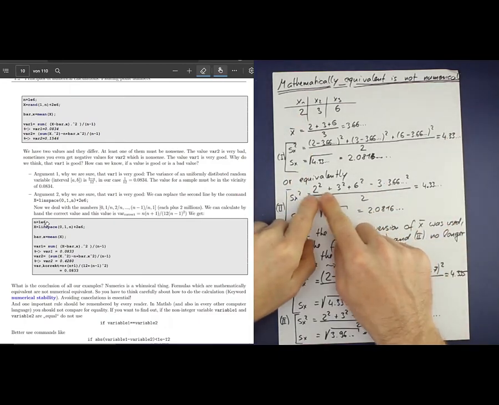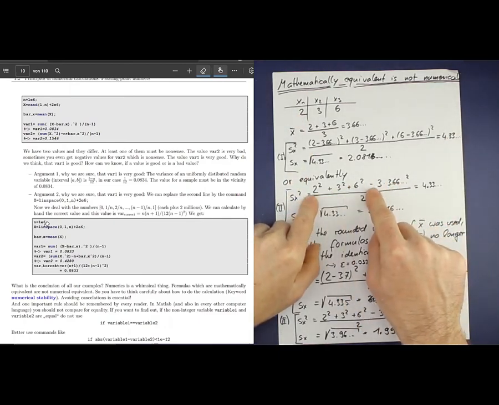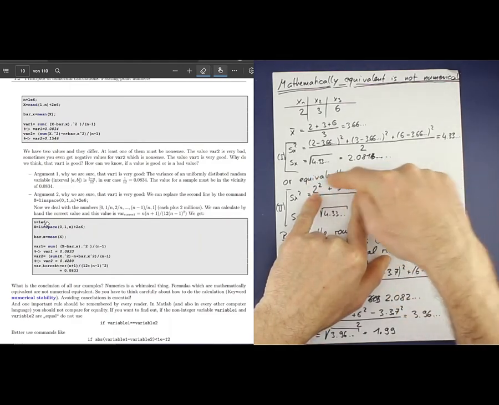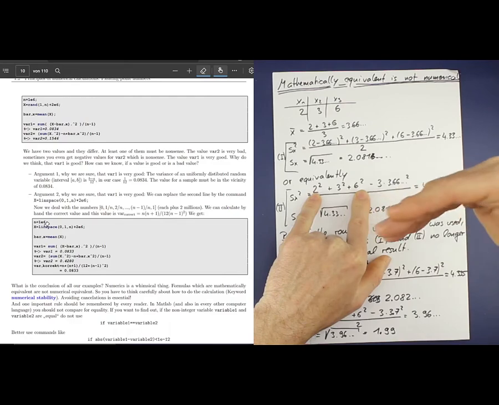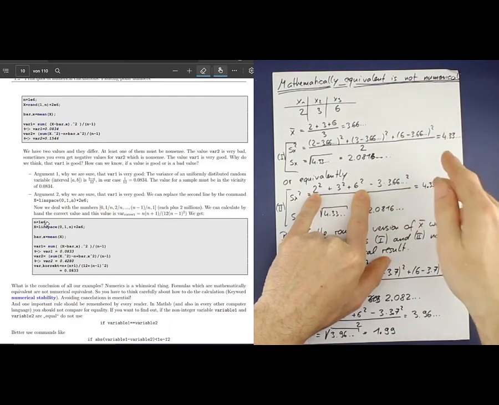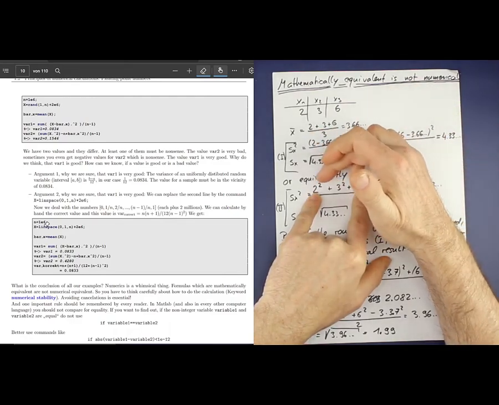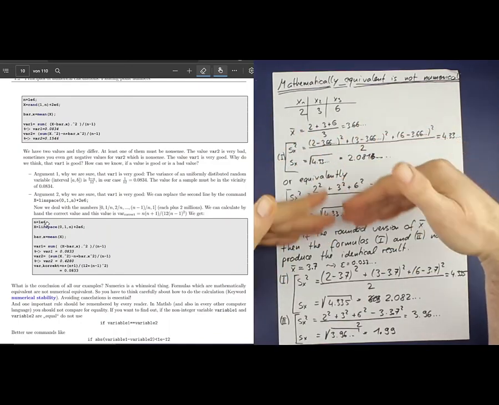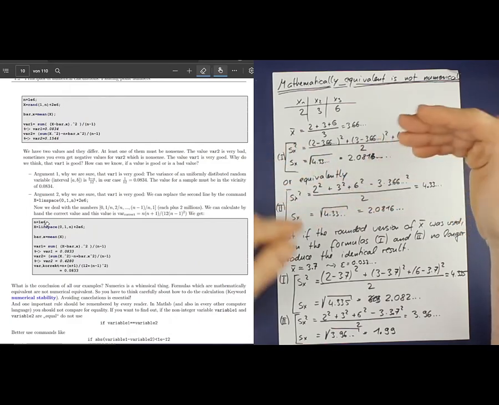Here we subtract also large numbers. This time, this sum is a very large number, much larger. In our situation, 2 million something, you square 2 million something. So you get 2 or 4 millions of millions.